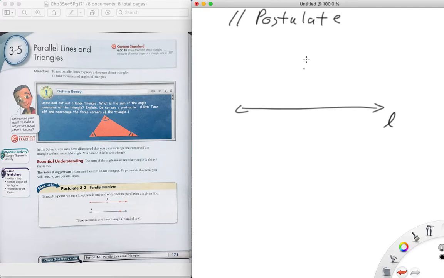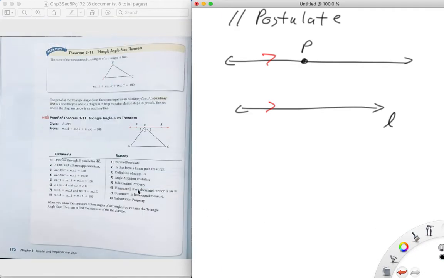We have some point P such that if I was to draw a line through point P, there's only one line that I can draw through point P that would be parallel to line L. So for every point not on the line L, I can draw exactly one and only one line that will be parallel to line L, meaning I can draw a line.